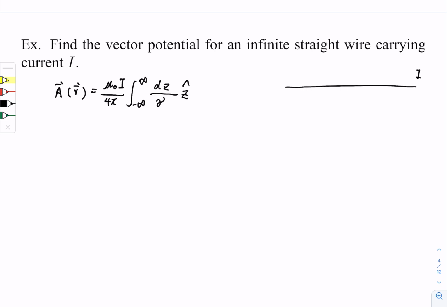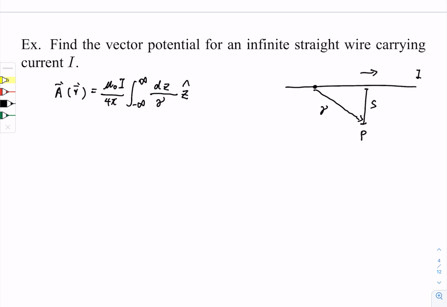Now if we write this out explicitly, say that we use the cylindrical coordinates and denote the radial distance as s, and here this is the observation point, and here is the source coordinate. So this is the separation vector, and the current is flowing to the right.